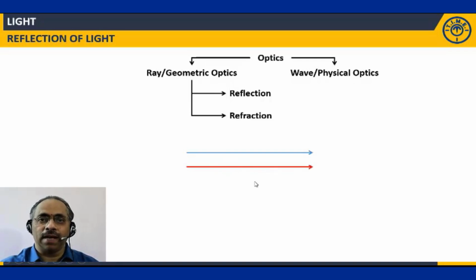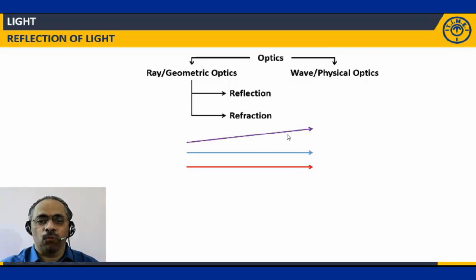If I consider one more light ray like this, the red one, you can see these two are parallel. I'll call this set of rays a parallel beam of light. We also have different kinds of beam. Suppose I take one more light ray like this.